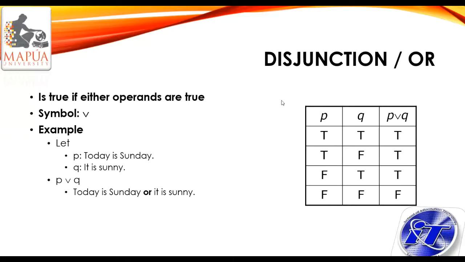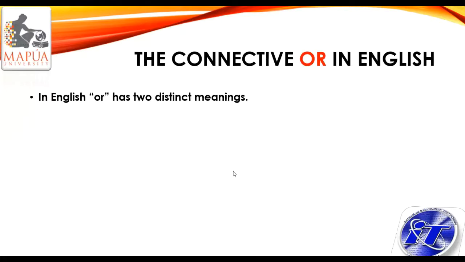Okay, and this is the truth table for OR. As you can see on the truth table, as long as there is a true proposition, the statement will be true. The statement will be false if all propositions in the statement are false. Okay, so that's disjunction. By the way, we have two types of disjunction or OR operation: inclusive OR and exclusive OR.